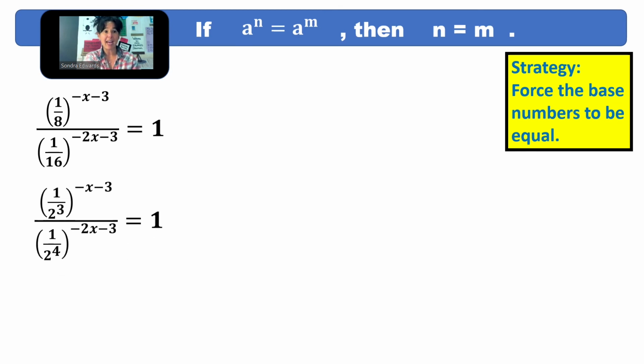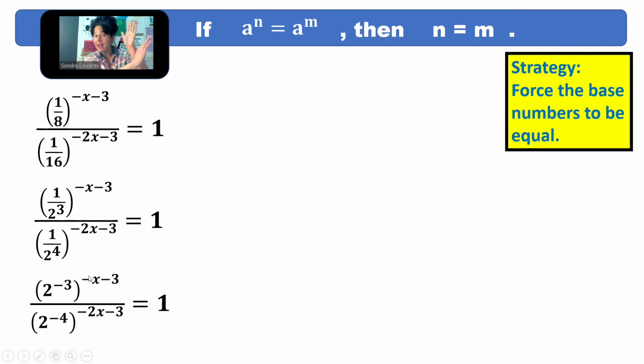Rewriting 1 over 8 as 1 over 2 cubed and 1 over 16 as 1 over 2 to the 4th. Then changing the 1 over 2 to the 3rd to 2 to the negative 3 and 1 over 2 to the 4th to 2 to the negative 4. We see power to a power. Multiplying negative 3 times negative x minus 3 and negative 4 times negative 2x minus 3.